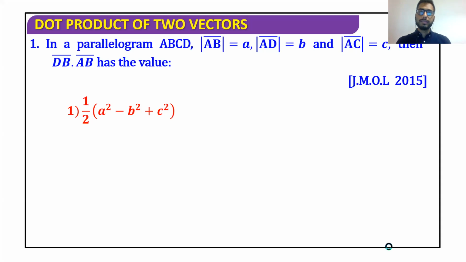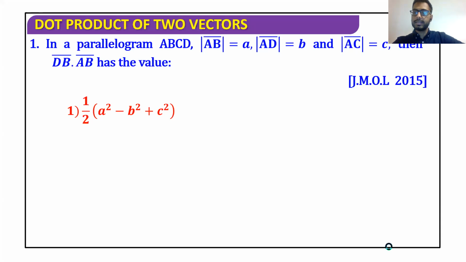In a parallelogram ABCD, what I have is AB is A, AD is my another side which is equal to B, and AC is my diagonal C. Then the value of DB dot AB. Okay, so what would be this value DB dot AB? The magnitude of AB bar is given as A. What I want is DB bar.